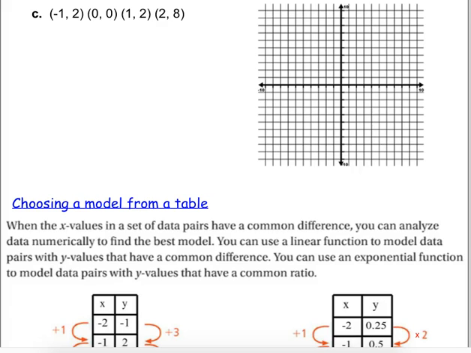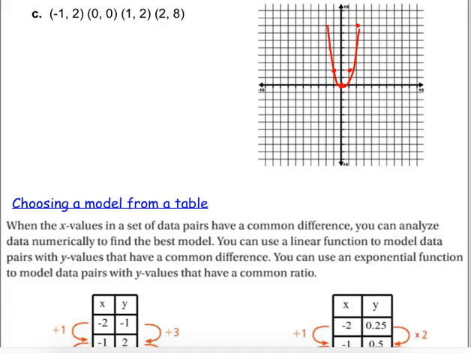Now number C, or letter C. Negative 1, 2, 0, 0, 1, 2. Well, right now your brain should already be thinking quadratic because I'm going down and coming back up, and my other two forms aren't allowed to switch direction like that.